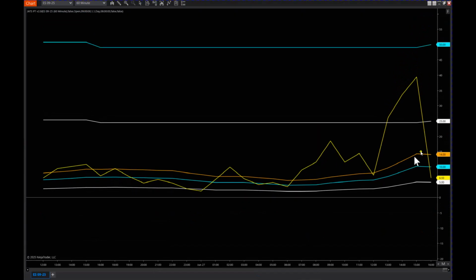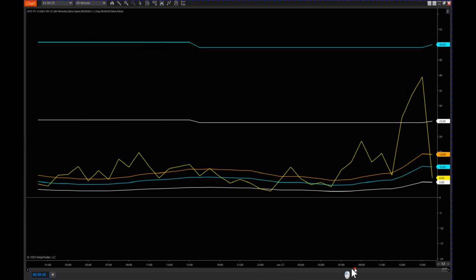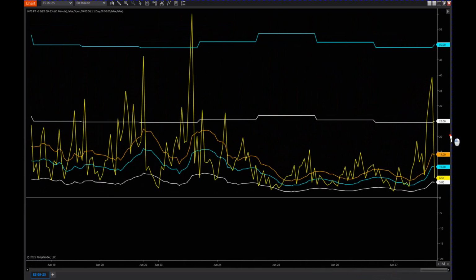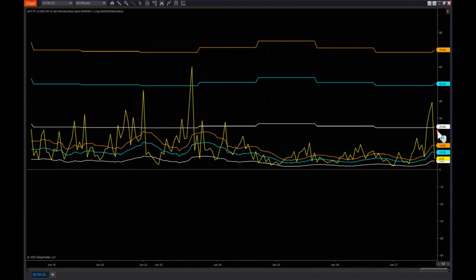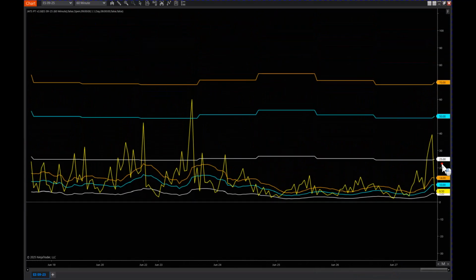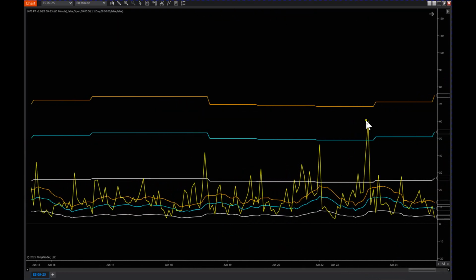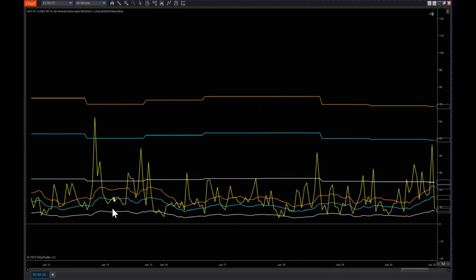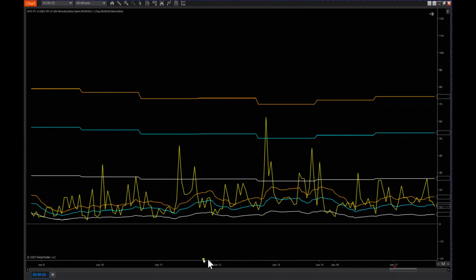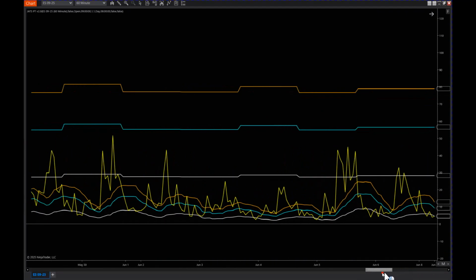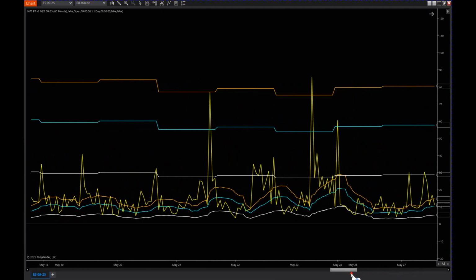So you can see that a 60 minute two is pretty much a strong move. Occasionally it gets to the three. In fact, it can go outside the three. There we go. Yep, a couple of them.